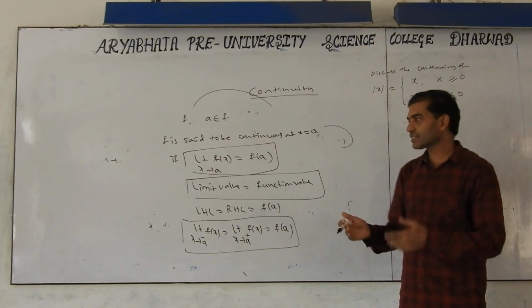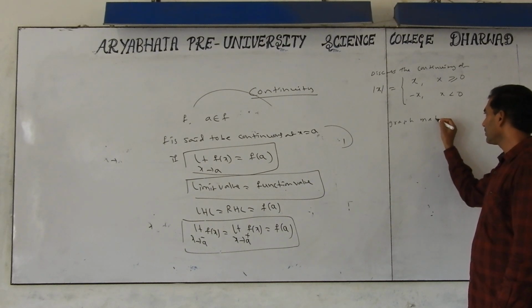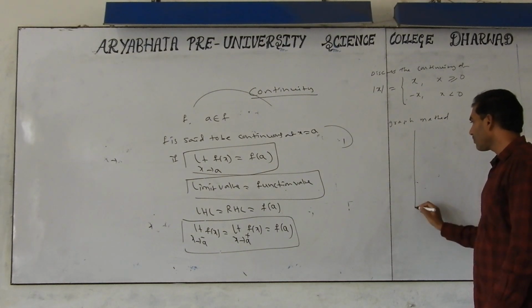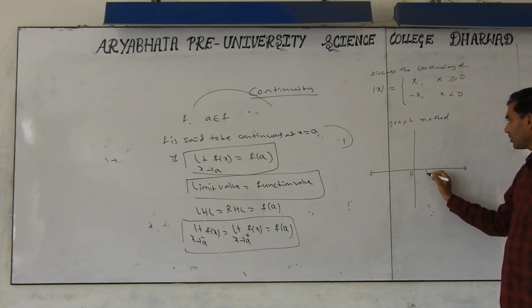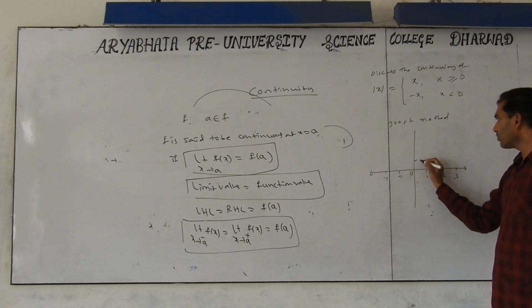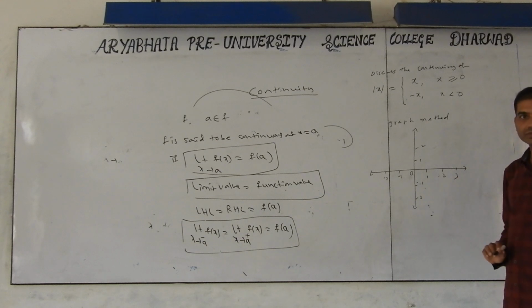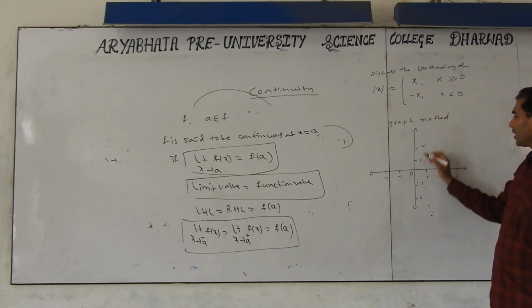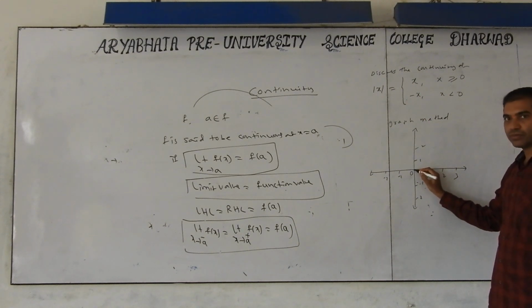First, let's discuss the graph method. Draw the graph of the modulus function. Plot the points 0, 1, 2, 3, minus 1, minus 2, and so on. If you take x equal to 0, mod 0 is 0.